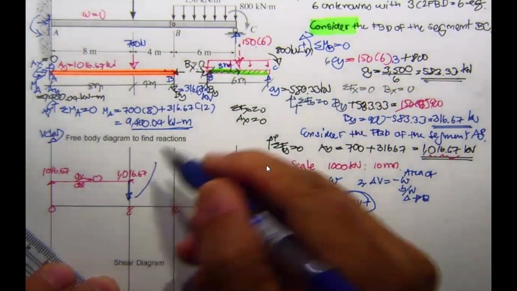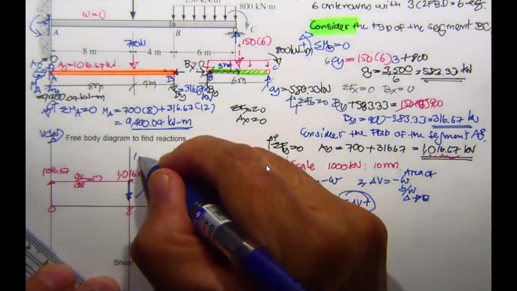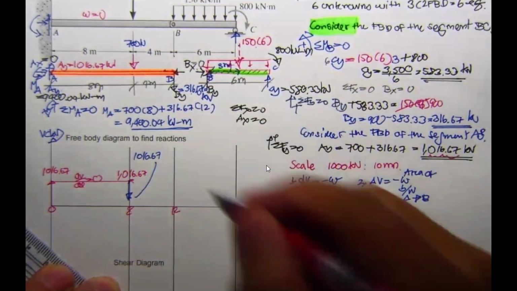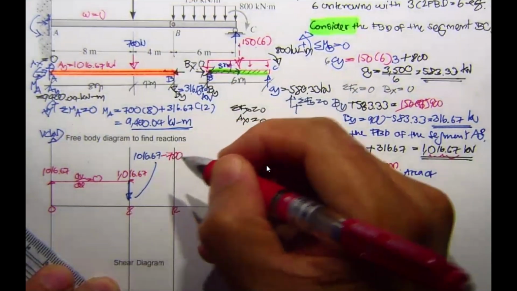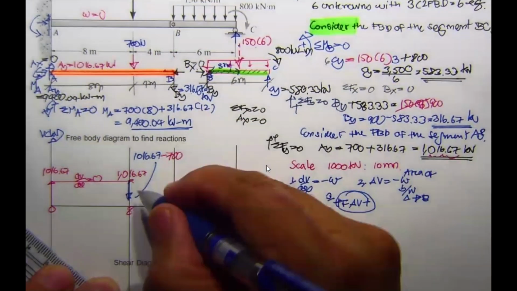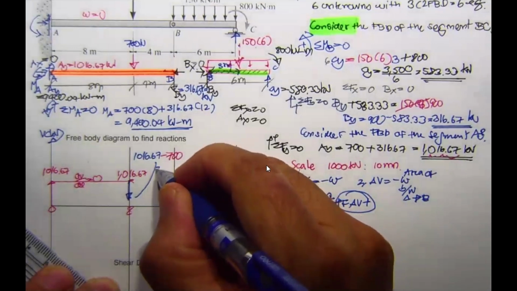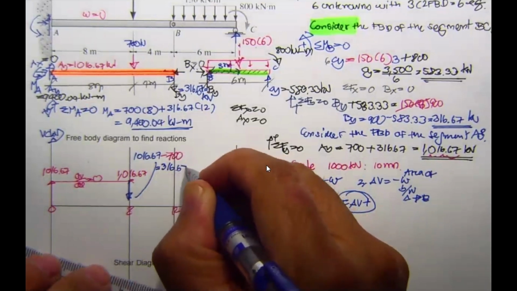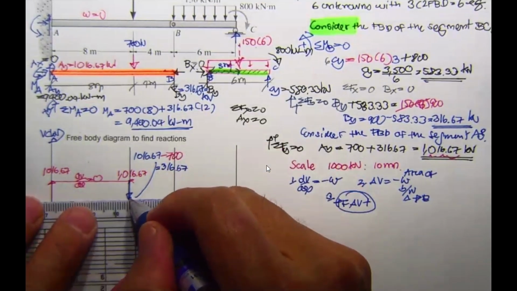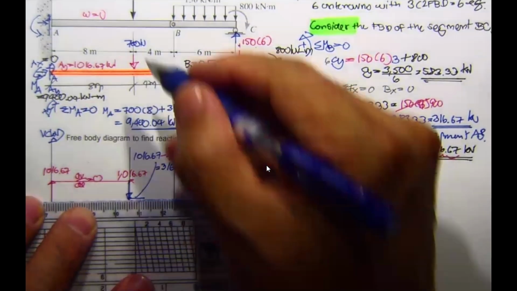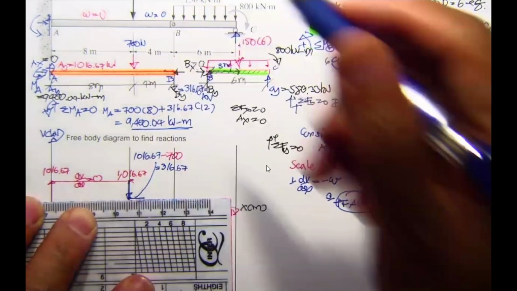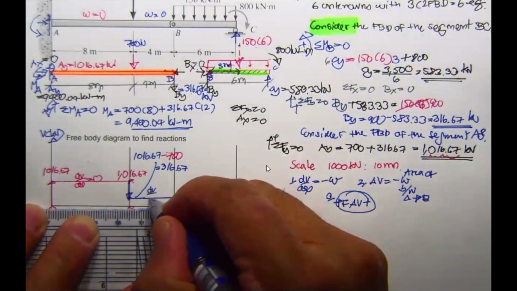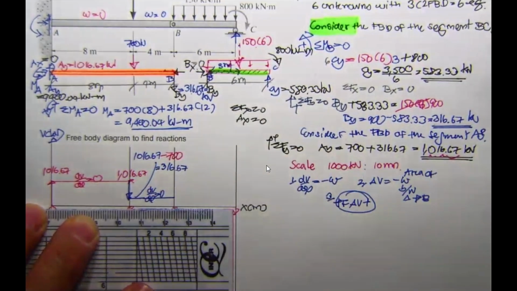The value over here is going to be 1016.67 minus 700, so you should get 316.67, and the slope over here is going to be 0, dV by dx equals 0.